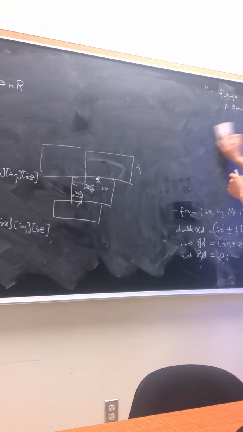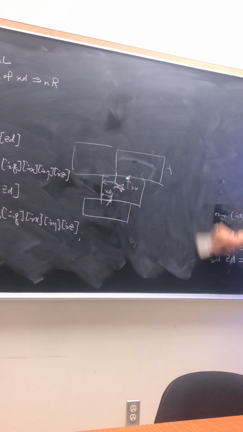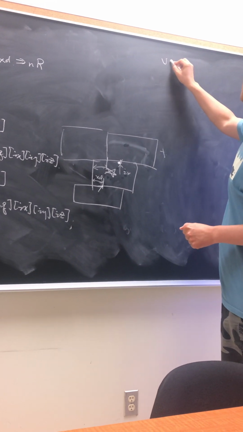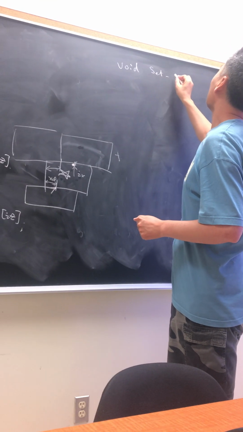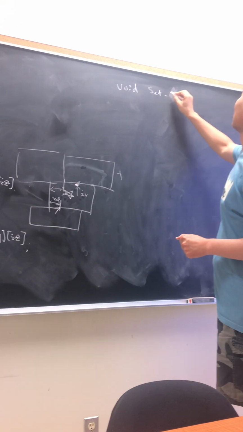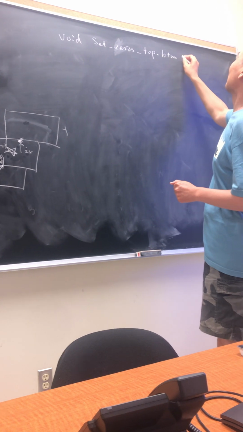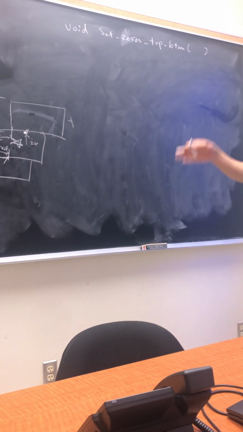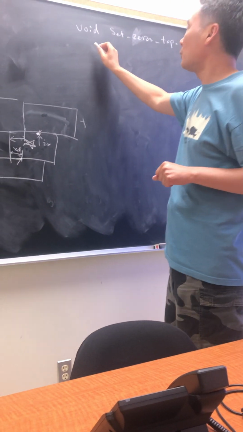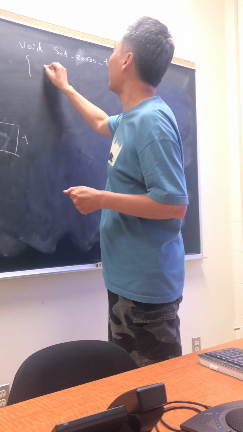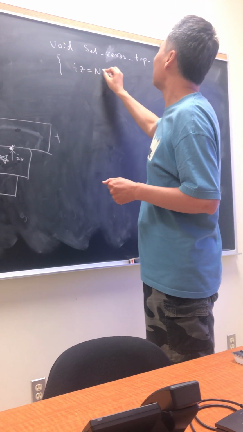So after the propagation, just set zeros to those regular z direction things. Okay, you may say it is a void set f. I'm not sure. So just set zero before that. Let's say for the top one, z will be nz minus 1.